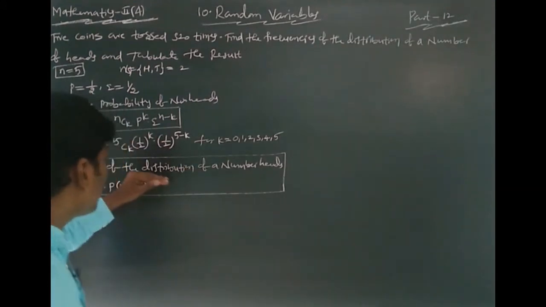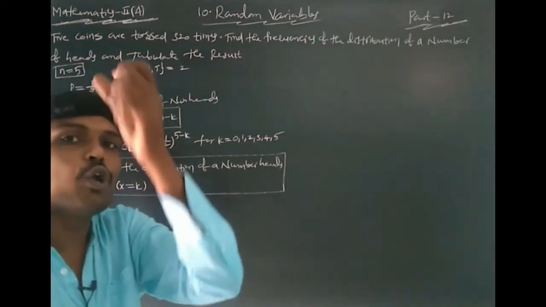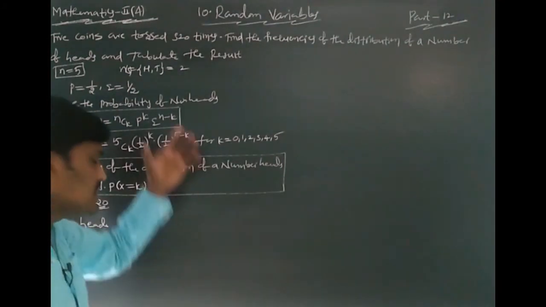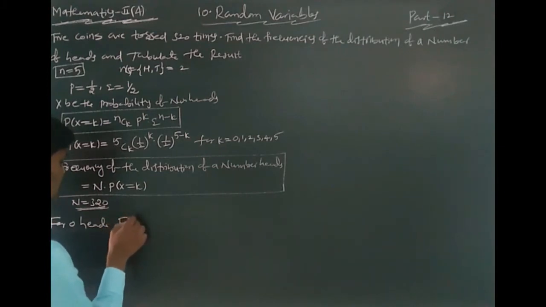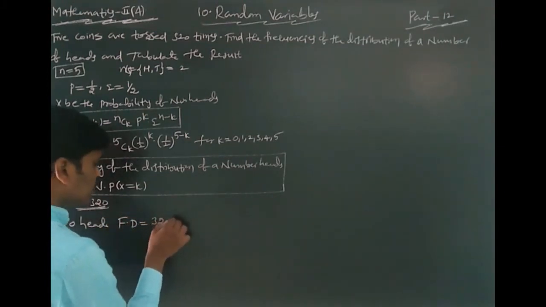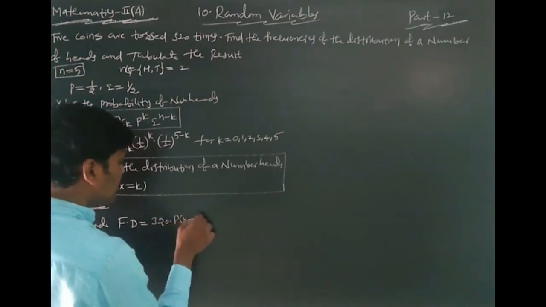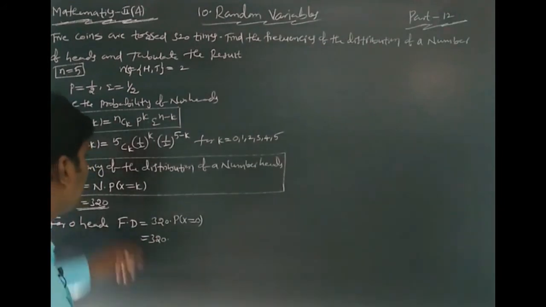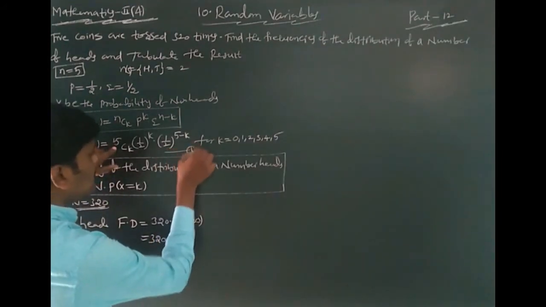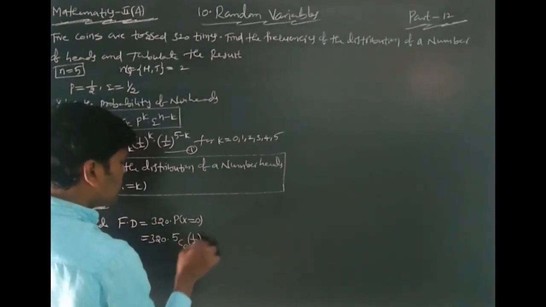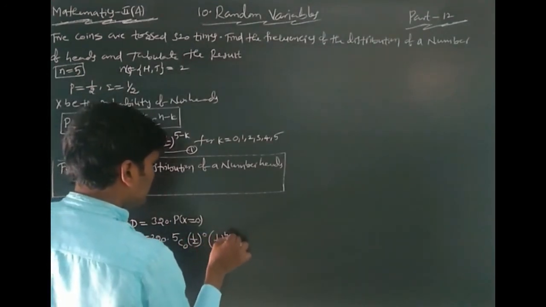After that, the k value is first no heads. For 0 heads, what is the frequency distribution? The frequency is 320 into P of X equal to 0. In equation 1, the k value is 0: 5C0 (1/2)^0 (1/2)^5.